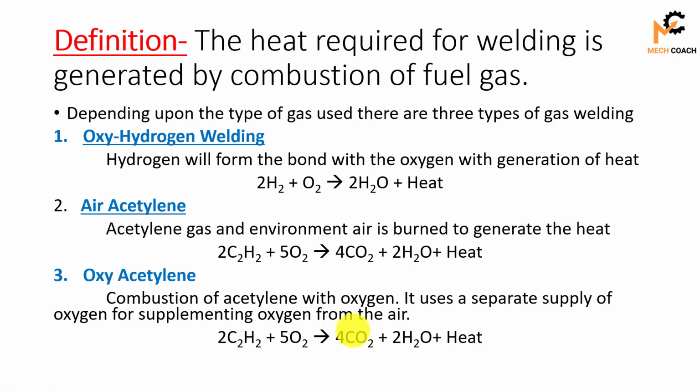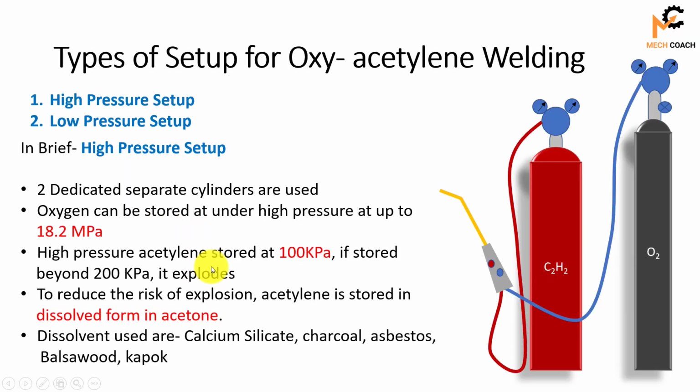In comparison with these three, we are not using the first two in practice because of various limitations like air storage, their handling, the temperature generated, etc. We will study the oxyacetylene type of gas welding in today's video.